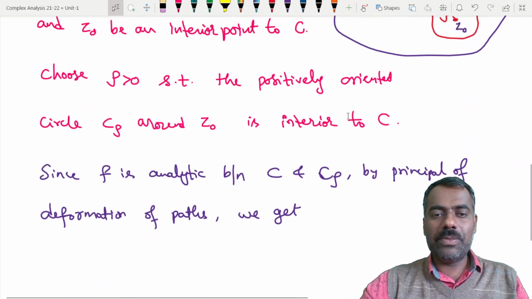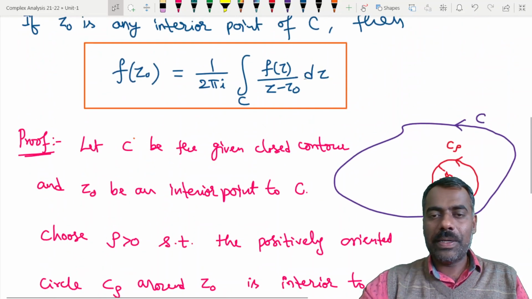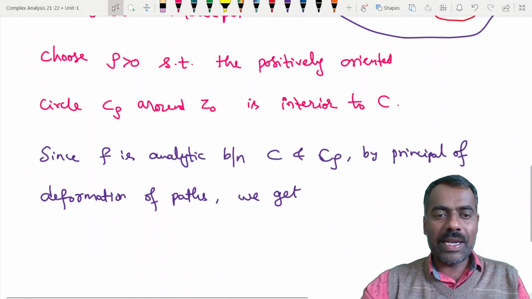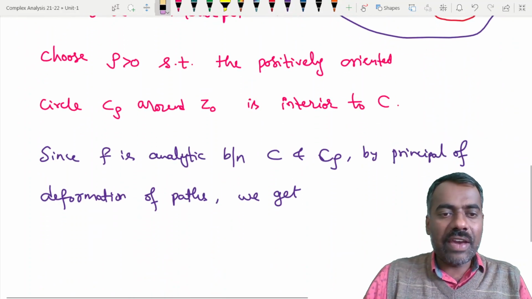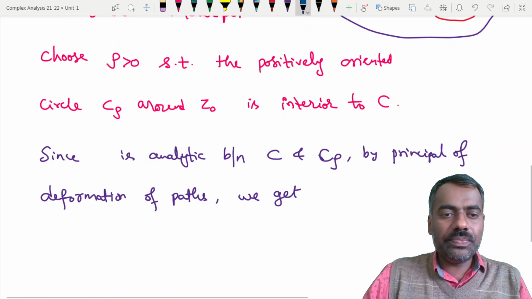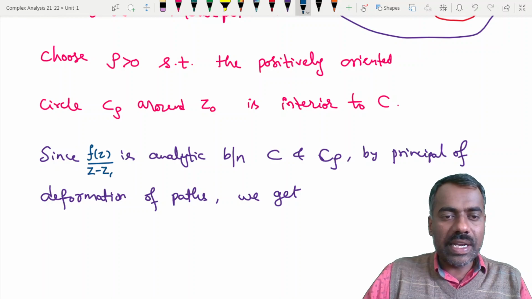We can observe it is not only f of z, because f of z is analytic inside. Now what can you say about f of z by z minus z naught? What we require is the new function, which is f of z upon z minus z naught.